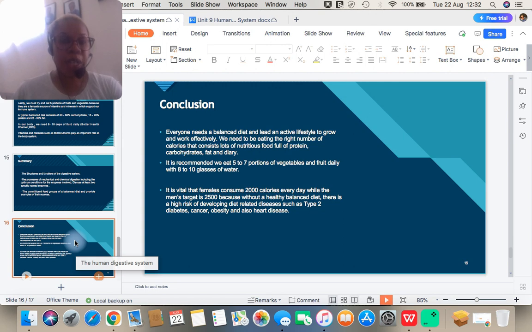So, in conclusion, everyone needs a balanced diet and an active lifestyle to grow and work effectively. We need to be eating the right number of calories, with plenty of nutrients, from foods full of proteins, carbohydrates, fat, and dairy. It is recommended we eat 5 to 7 portions of vegetables and fruit daily, with 8 to 10 glasses of water to keep us hydrated.